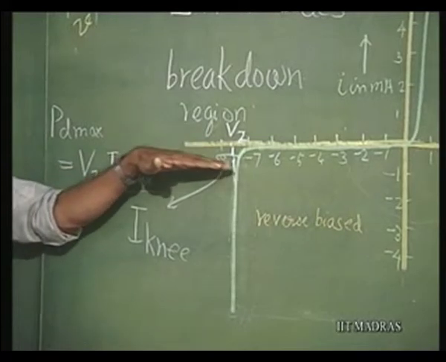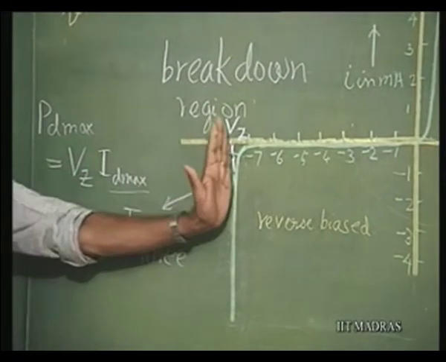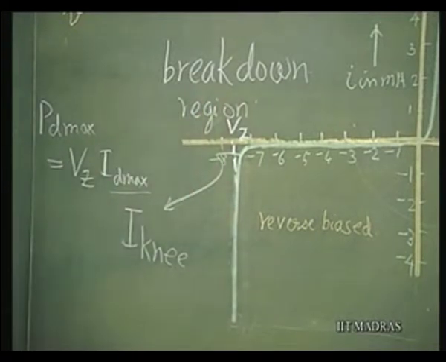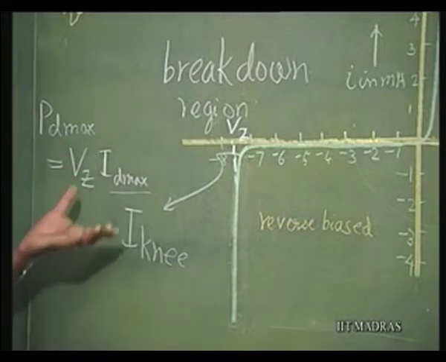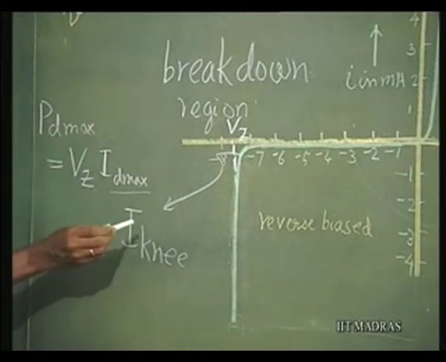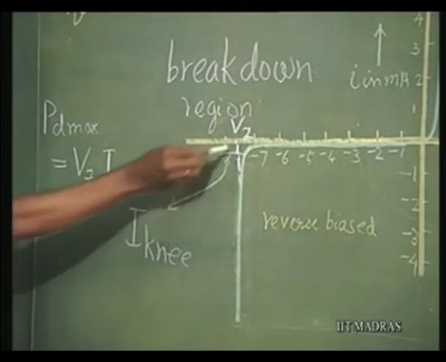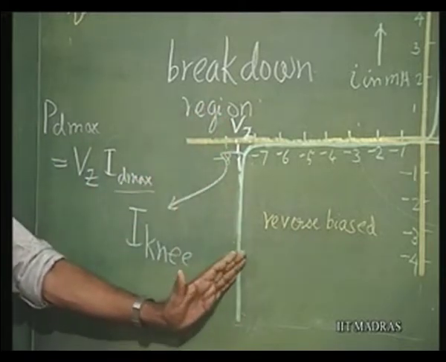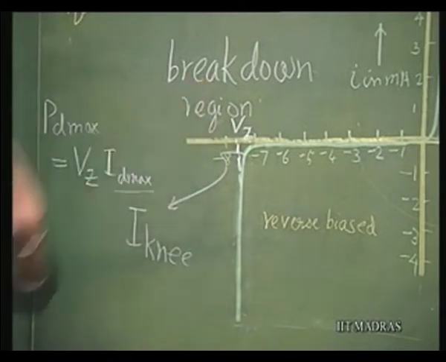Therefore, the current through the Zener diode should be greater than that in order to sustain a constant voltage, which is Vz. So, this is the specification for a Zener diode, that is, there will be a PD max for the diode and there will be an I knee current beyond which only it can be operated as a Zener diode for a variety of applications we will see later.